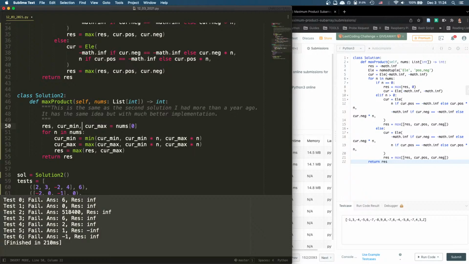I can do this one equal to nums[0], and this one I'm going to start from 1. Try this. We pass some, but we fail some. Oh, interesting. Oh, because current min is already computed.